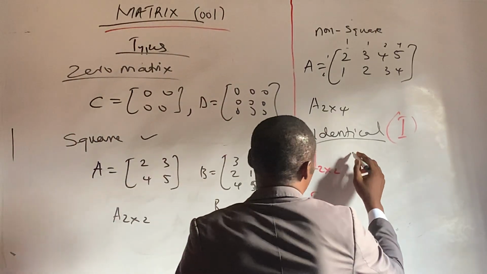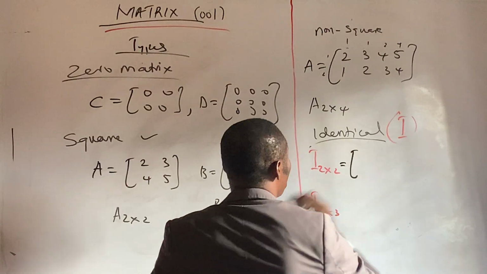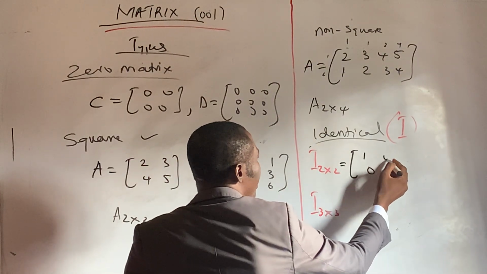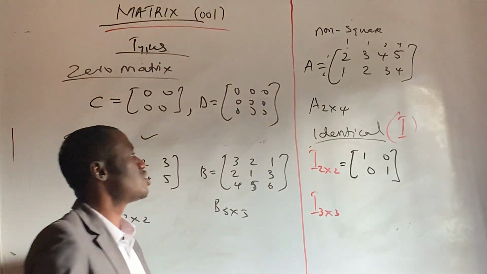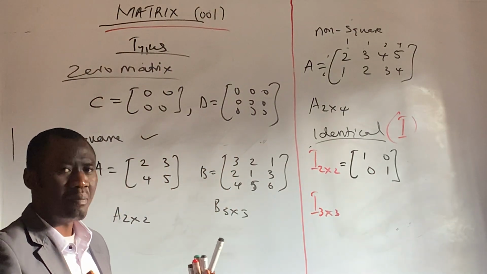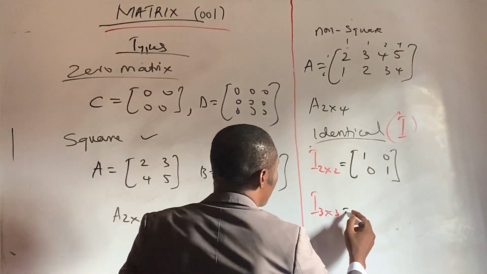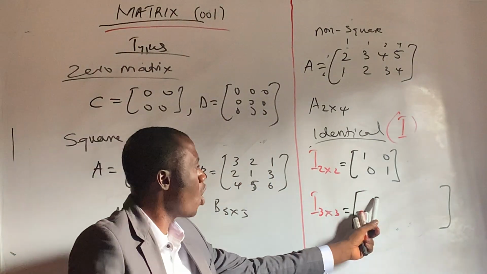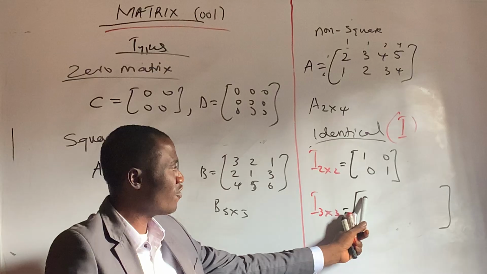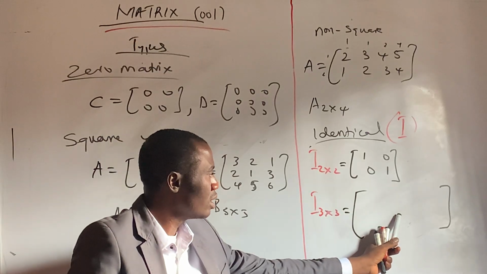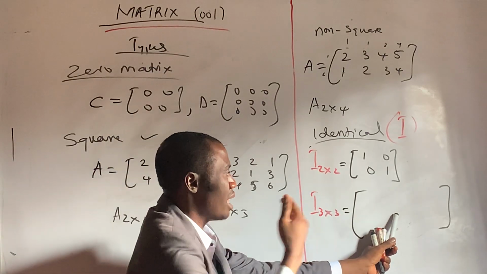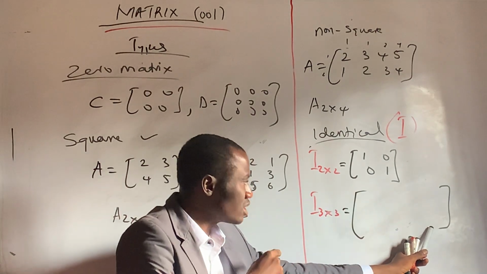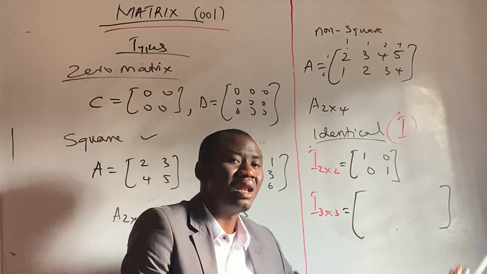Now, the 2 by 2 identity matrix, you can simply write a 1 here, and put the other entries to be 0. So this is the 2 by 2 identity matrix. For the 3 by 3 identity matrix, it's not hard to write. You can just write 1 in the first row and first column, 1 in the second row and second column, and 1 in the third row and last column.